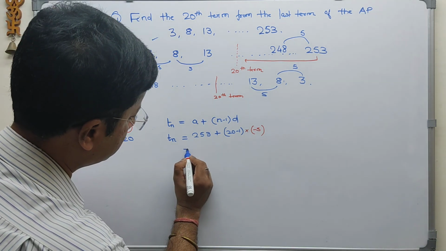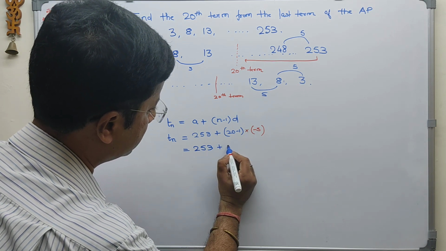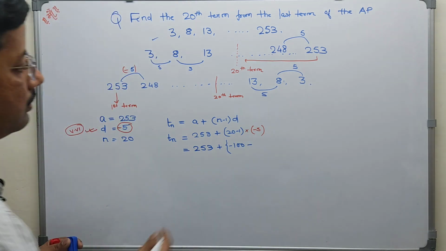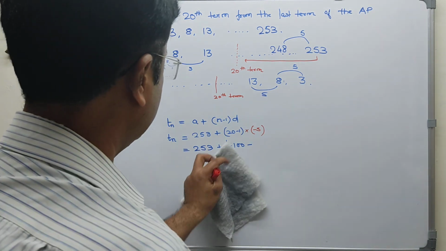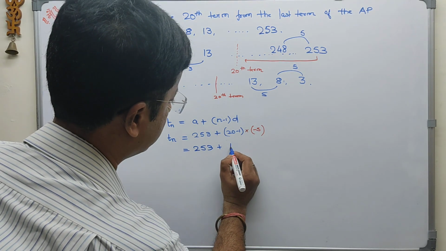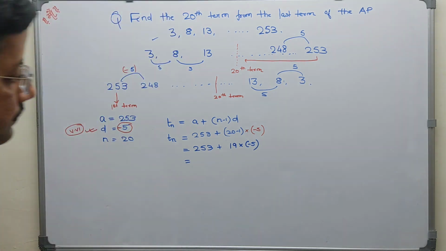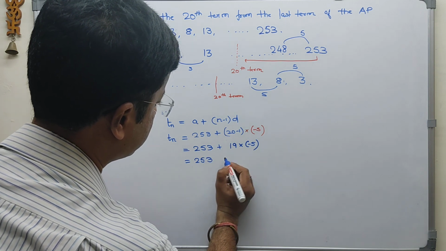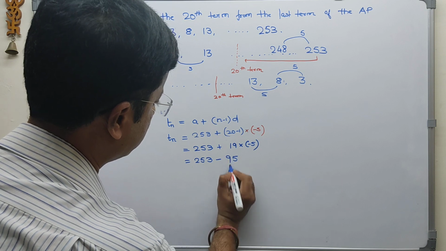Now the same calculation, there is nothing more left. 253 plus, if you multiply, it comes out to be minus 135. The 28 minus 1 we can write directly as 27 into minus 5, so it comes out to be 253 plus minus 135.